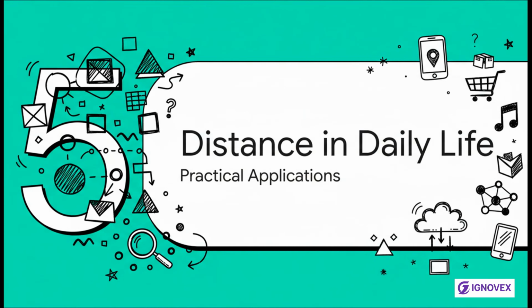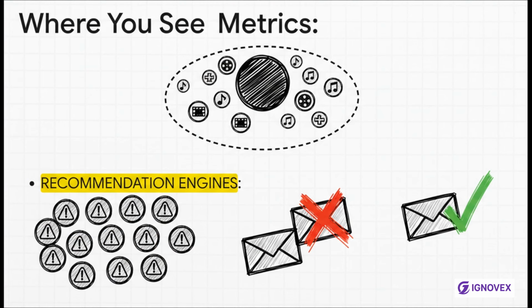Okay, so even with crazy sounding challenges like the curse of dimensionality, these concepts are the absolute bedrock of the technology we use every single day. Let's just look at a few quick examples. You know that streaming service that just seems to get you? Well, it's plotting you as a point in taste space, and then finding other users or movies that are just a short distance away from you on the map.